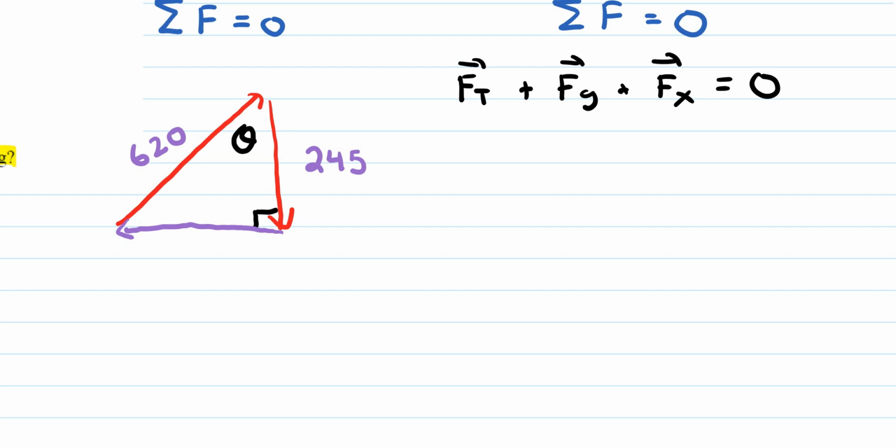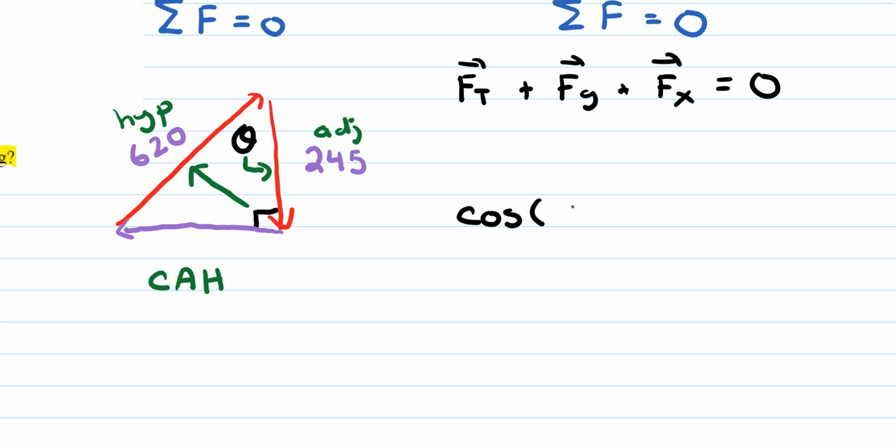Now in order to find the angle, let's analyze our right angle triangle here. The 245 is your adjacent, and the 620 is going to be your hypotenuse. So using trig ratios, you have your adjacent and your hypotenuse, so the acronym you can use is cos. So cos of the angle is equal to your adjacent, which is 245, divided by the hypotenuse, which is 620.